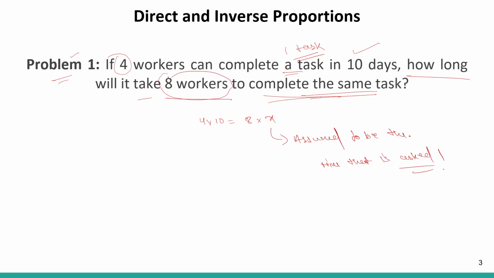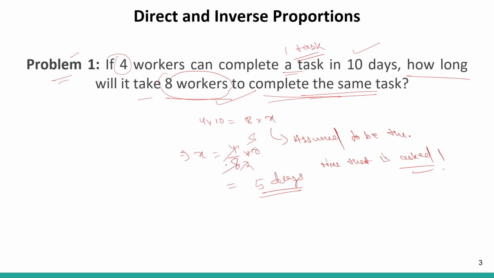So x is equal to 4 by 8 into 10, which is 1 by 2 into 10, so it will be 5. So for 8 workers it will take 5 days to complete the same task.